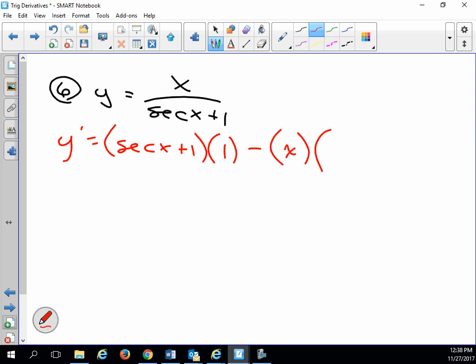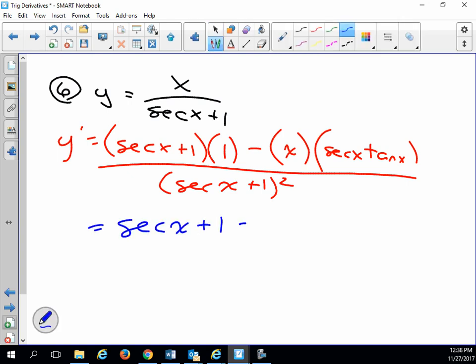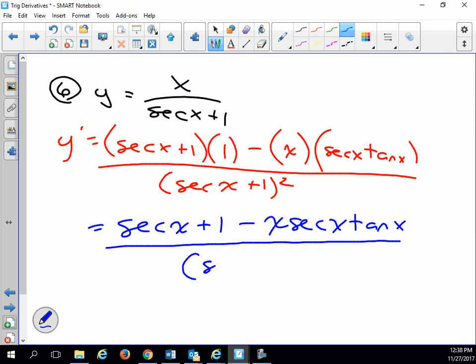Your low over secant x is secant x tangent x, all over the low, secant x plus 1, minus x secant x tangent x over secant x plus 1 quantity squared. There are three pieces here: secant x, positive 1, and negative x secant x tangent x. All three do not have something in common, so you cannot factor anything out. So there's my answer.